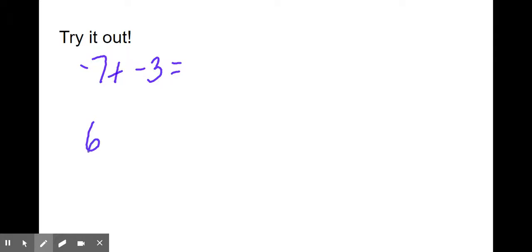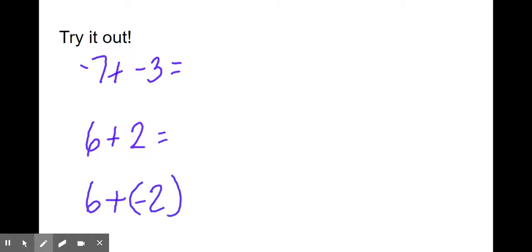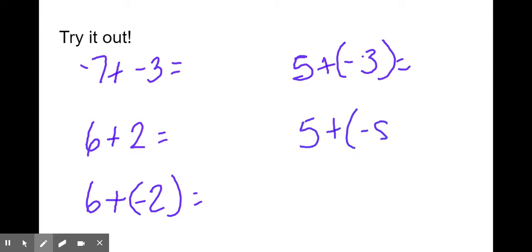All right, how about this one? 6 plus 2. 6 plus -2. Please pause the video to complete these problems. 5 plus -3. And 5 plus -8. Once you're finished, you're going to unpause the video and check your work.